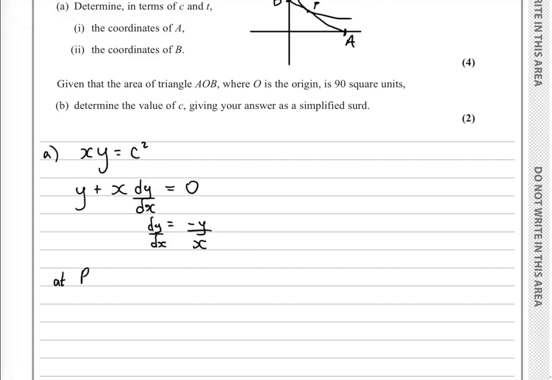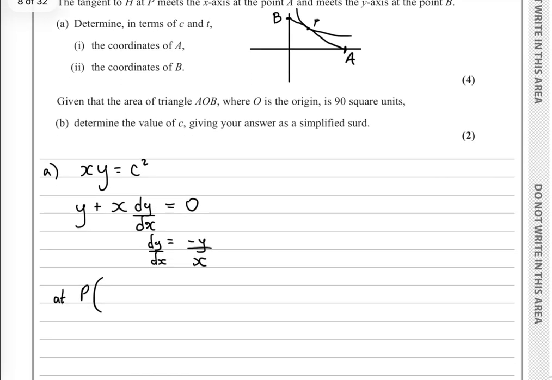At point P, where P is (ct, c over t), we can now put those in, and the gradient at that point is minus c over t divided by c times t. So it's this, that cancels. Minus 1 over t squared is the gradient of the tangent.